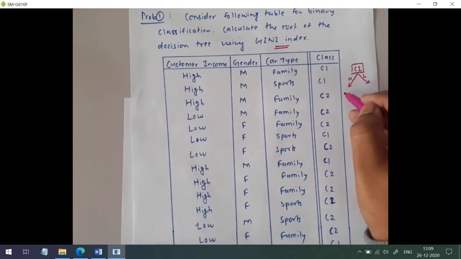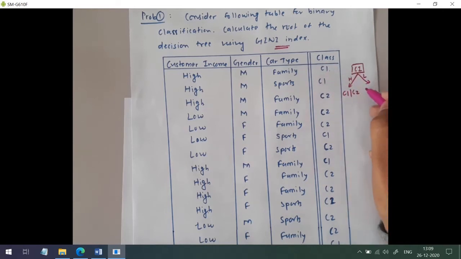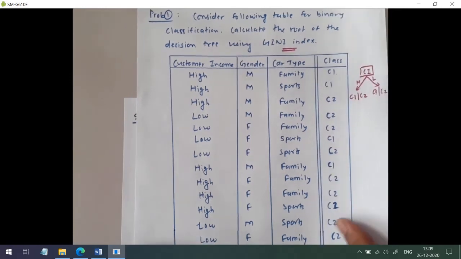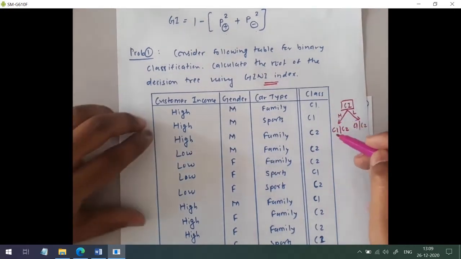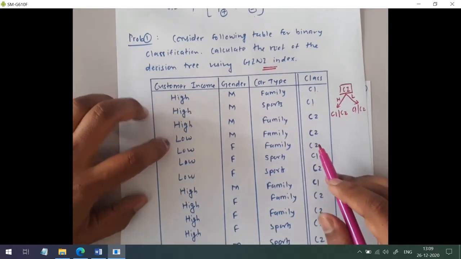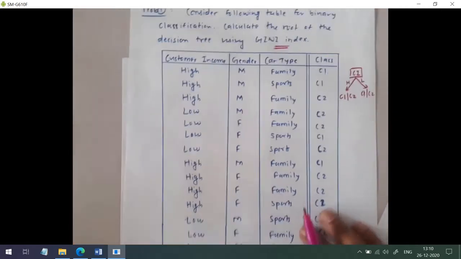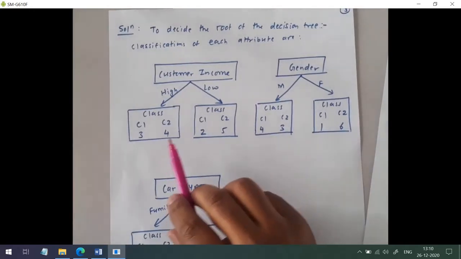In high we will get either C1 or C2 for the class, and for low also we will have C1 and C2. Let us calculate that count. We want the count of high and C1: 1, 2, 3. So 3. This is how we have to calculate the values of each combination.